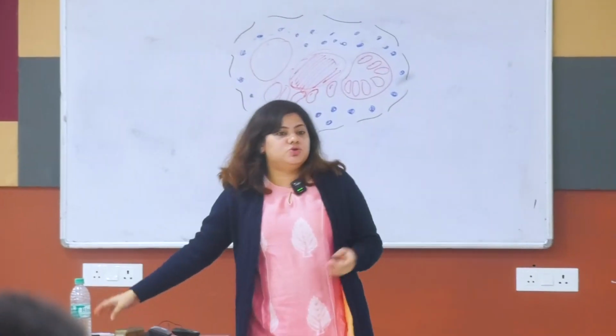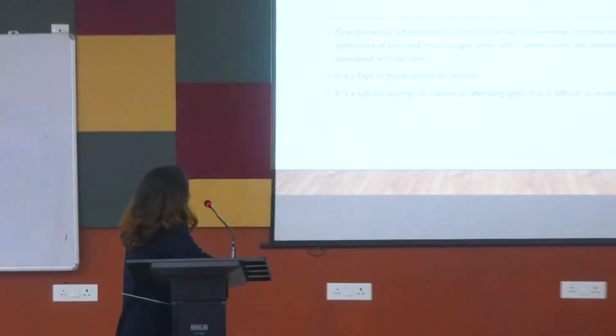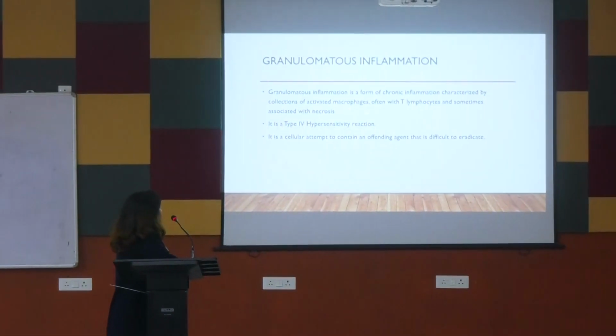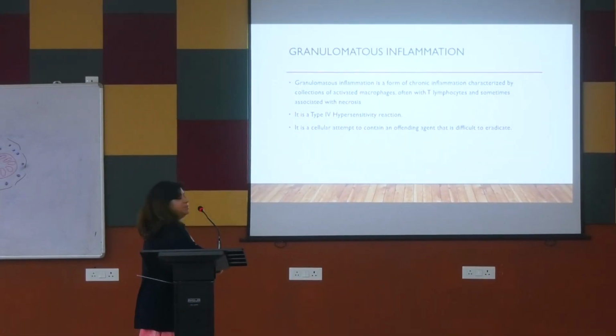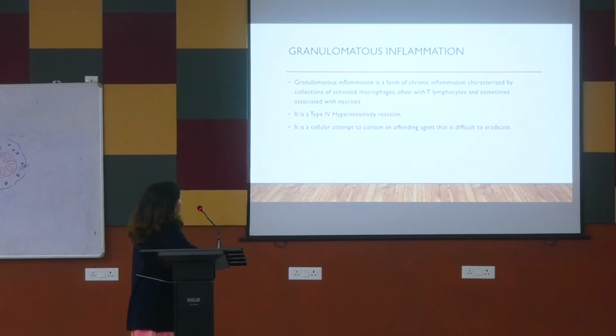I showed a picture of granulation tissue earlier, that was understood. When a question comes, drawing a picture for it shows that you know the answer, right? So granulomatous inflammation is a form of chronic inflammation characterized by collections of activated macrophages, which are the epithelioid cells, often with T lymphocytes and sometimes associated with necrosis.